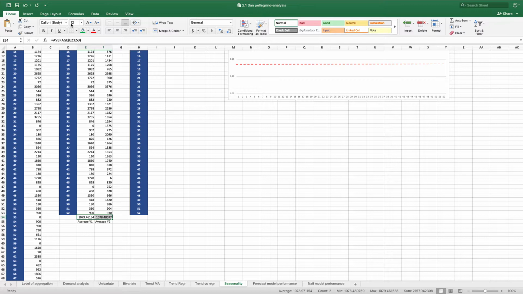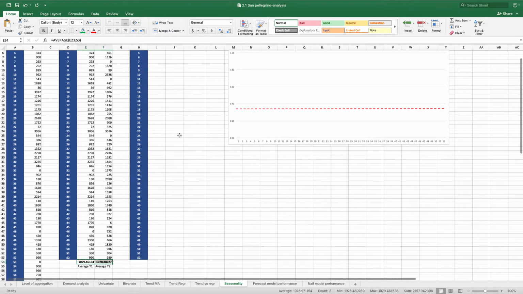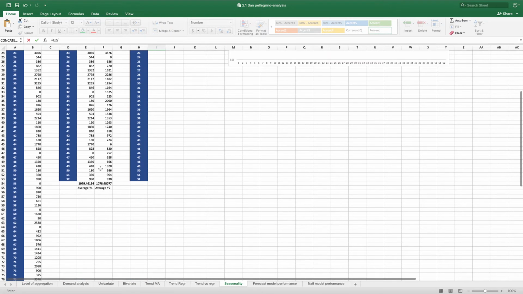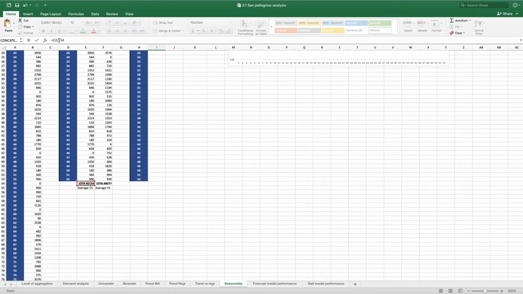Now you can calculate the punctual, the specific seasonal coefficient of each period in each cycle that are included in your demand series sample, which means dividing the demand of the period by the average demand of the cycle.